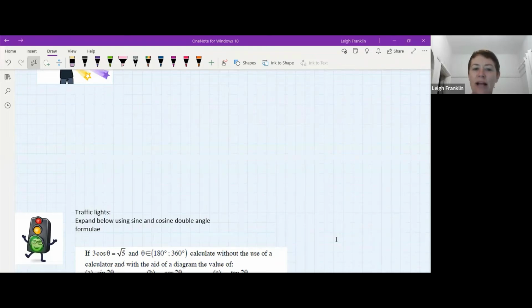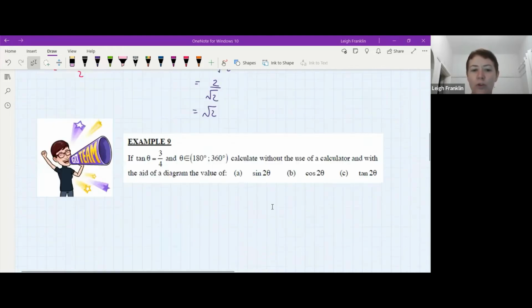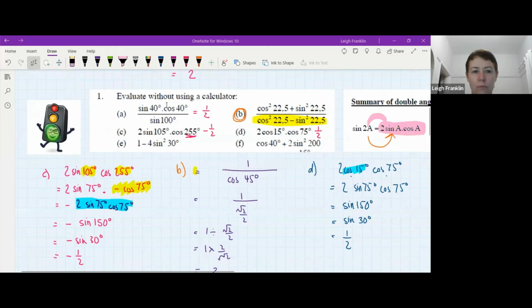Bochepo, that's quite likely. That's not the only way that you can do things. Chances are if you ended up with the same answer, what did you do, Bochepo? Ma'am, when it came to sine 40 cos 40 over sine 100, I saw that sine 100 is double 50, so I said sine 50, that made it 2 sine 50 cos 50.